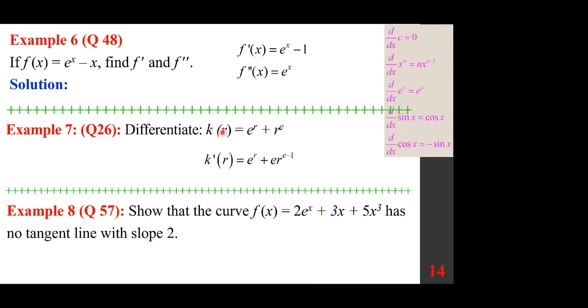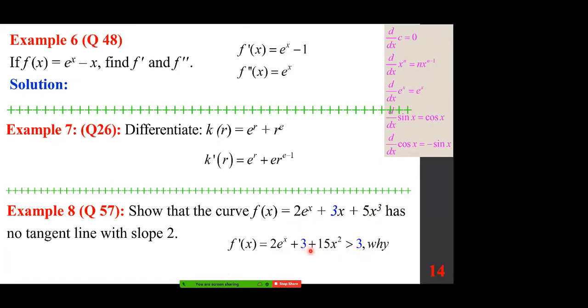The very first step is to take the derivative of the function. f prime of x is 2 e to the power of x plus 5 times 3x squared, or 15x squared, okay? And what happens is that this is always larger than 3.